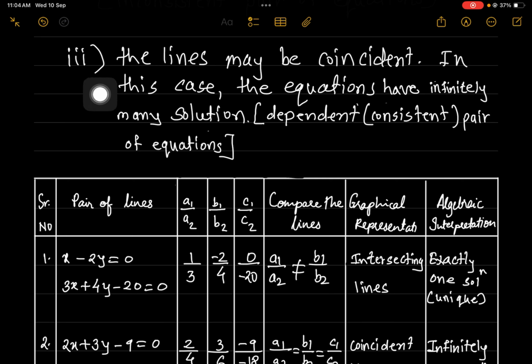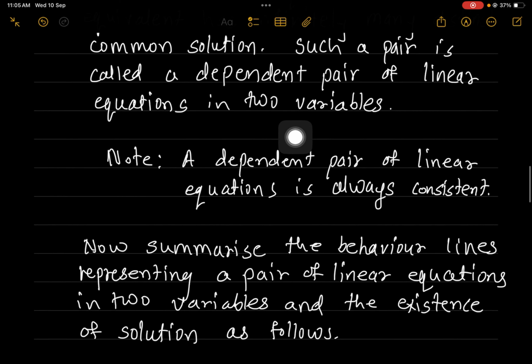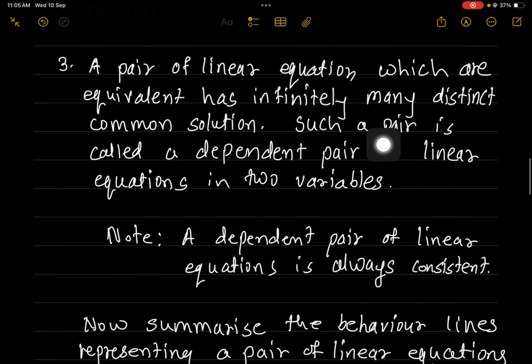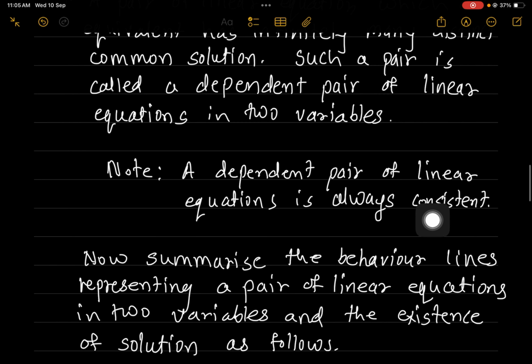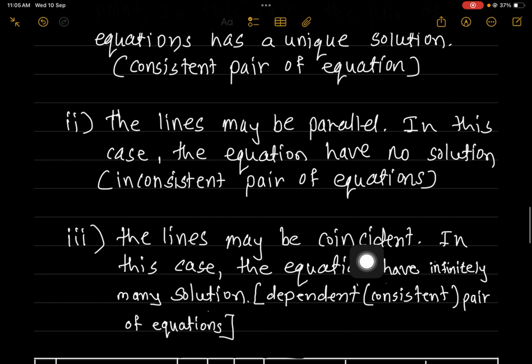Now see the third point again: the lines may be coincident. In this case, the equations have infinitely many solutions, a dependent and consistent pair of equations. In the introduction to this graphical method, we studied consistent and dependent pairs. Dependent and consistent lines are those where the lines are coincident.